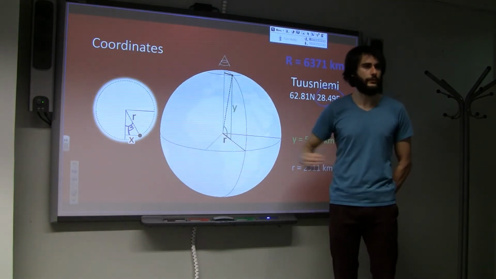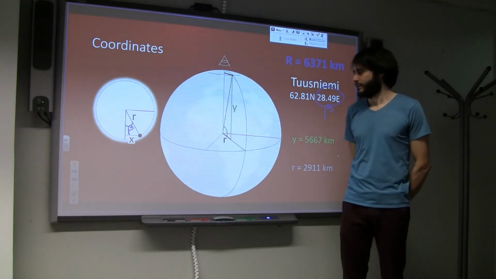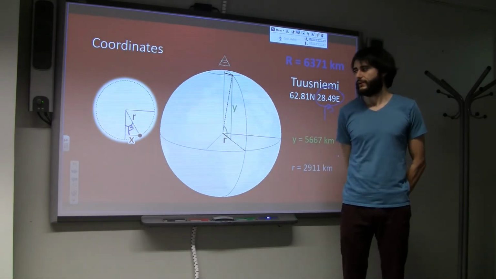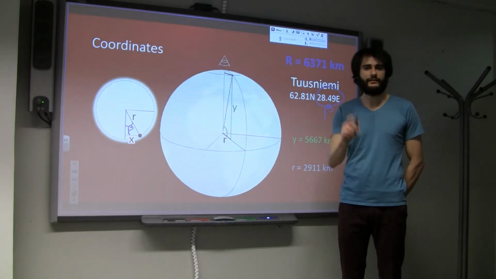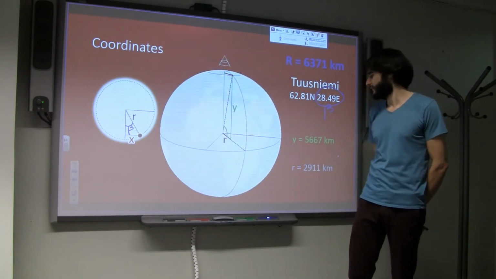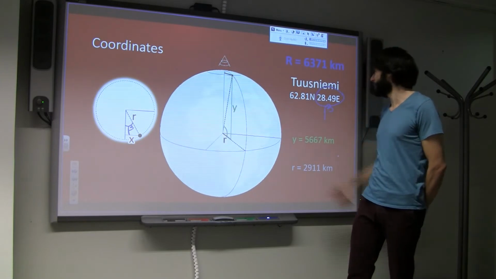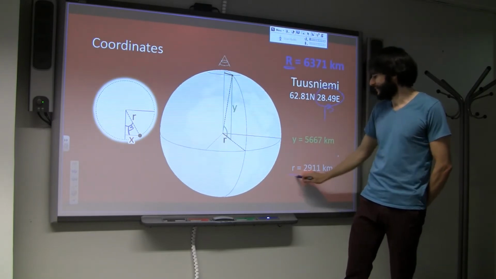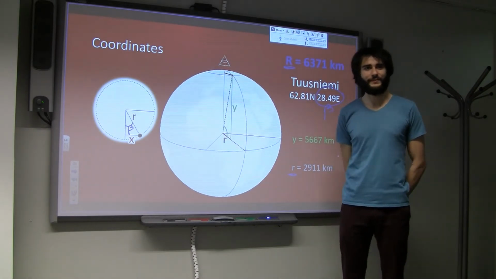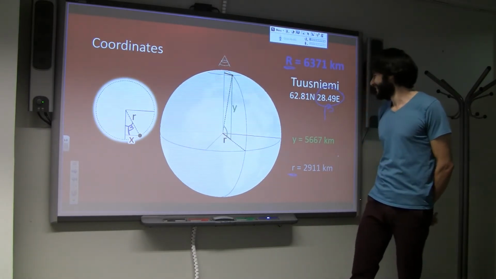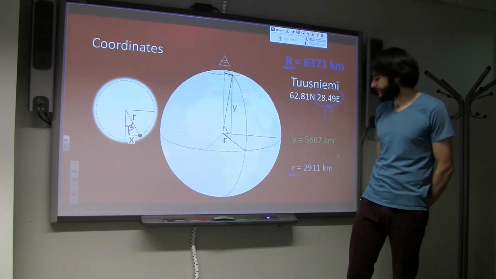The value for x is going to be the sine of beta times the small r. Yes, we have two r's, so we have to be precise. Make notes of these because I'm going to need them. So that's going to be the value of x.